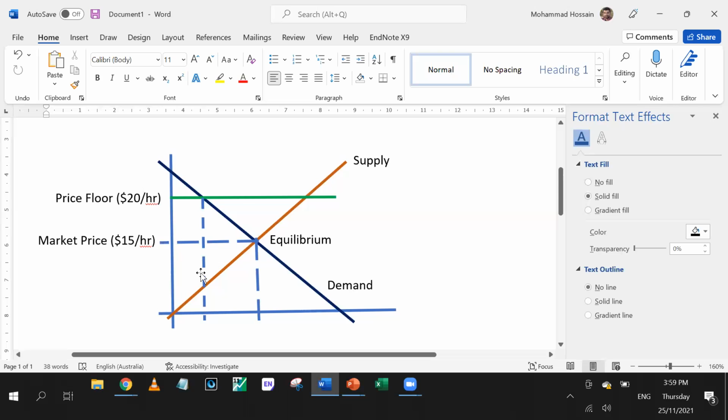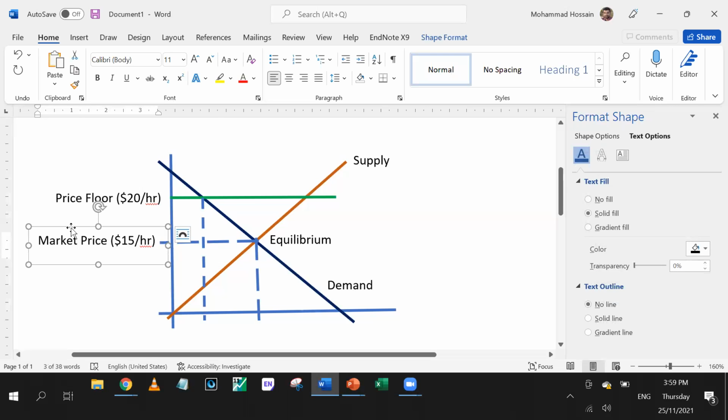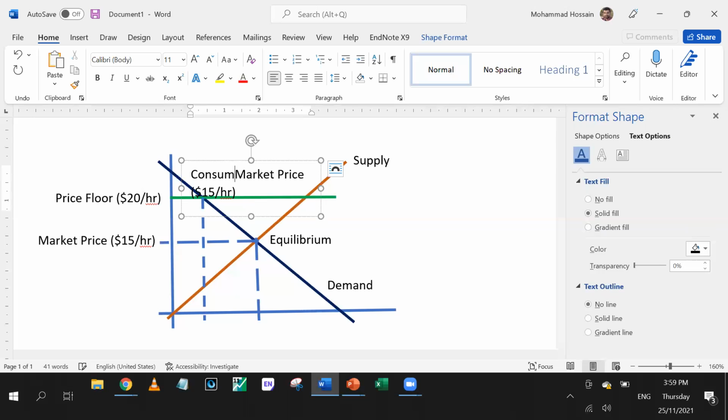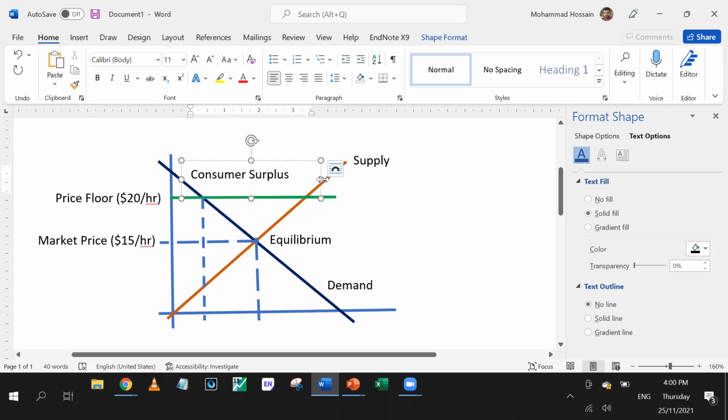Now I'm going to show you the consumer surplus. Let me write it down. Consumer surplus. Where is the consumer surplus? Consumer surplus is in here, this triangle.